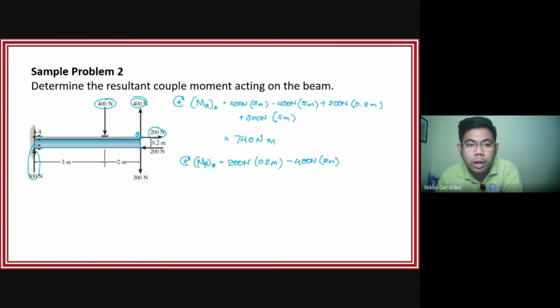Then, 300 Newton, that is a clockwise moment, so plus 300 Newton times perpendicular distance, 5 meters. So, resultant couple moment, or the resultant moment, is equal to 740 Newton.